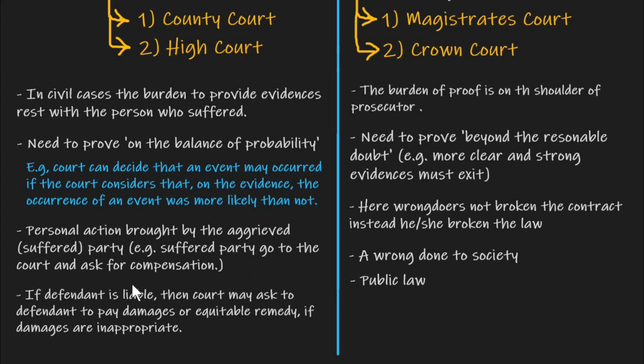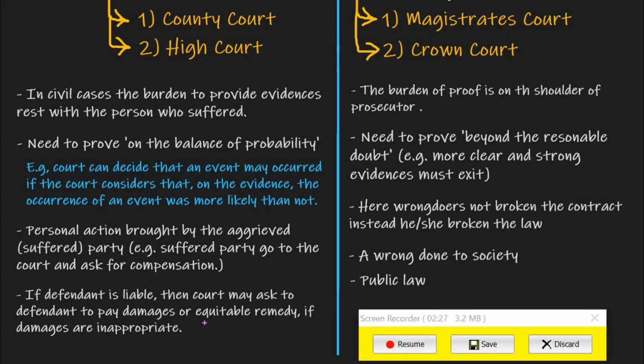Now it's up to the court. If they think that the defendant is liable, then the court may ask the defendant to pay damages or an equitable remedy if damages are inappropriate.